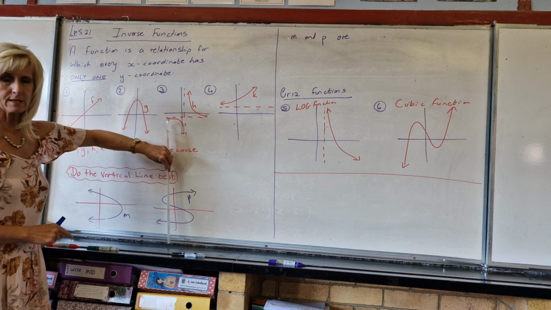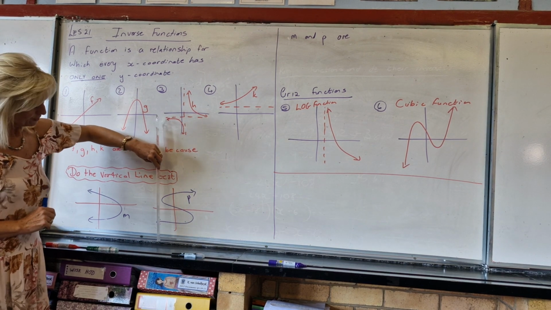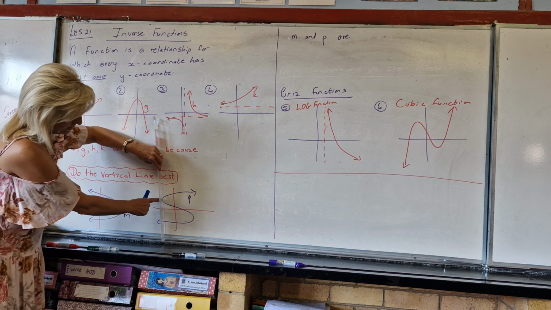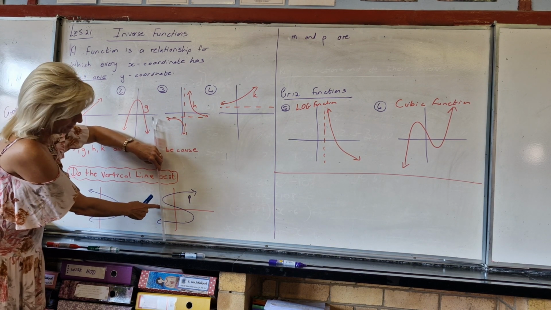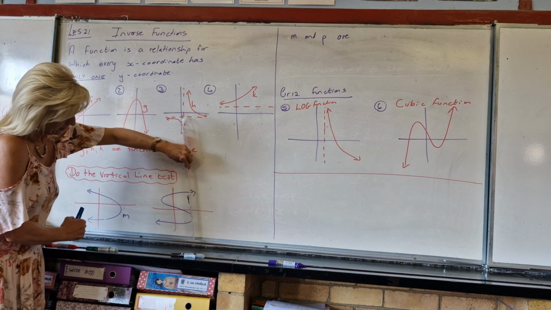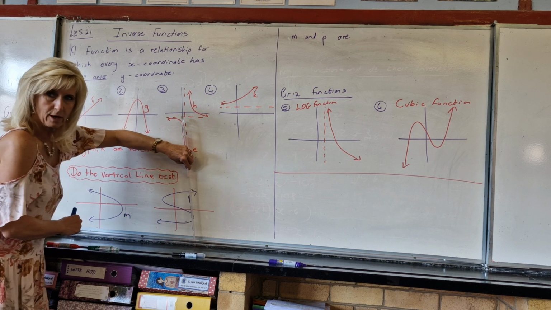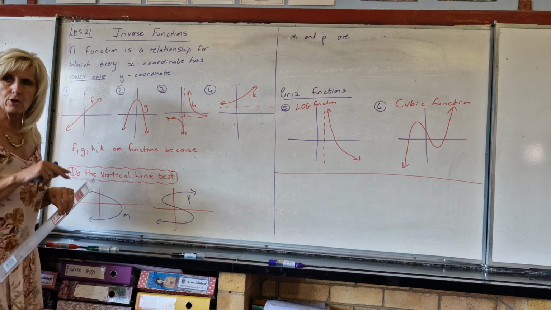And then the same for this thing. You can see that most of the time it cuts 3 times. If it's on that turning point, it'll cut twice, there and there. So for this x, I'll have one y, 2 y's. For that one there, on the turning point there again, I'll have one y and another y. So if it cuts twice, it's not a function.